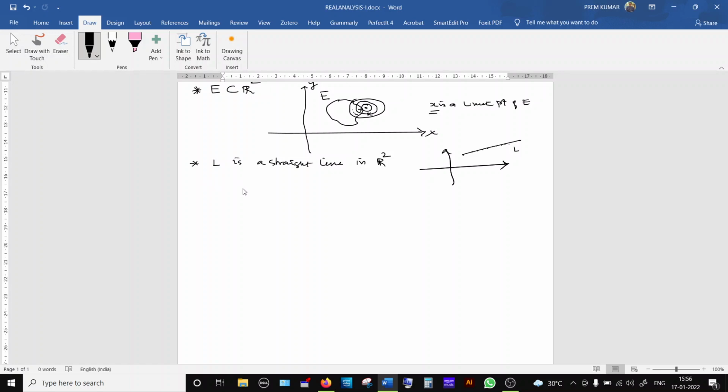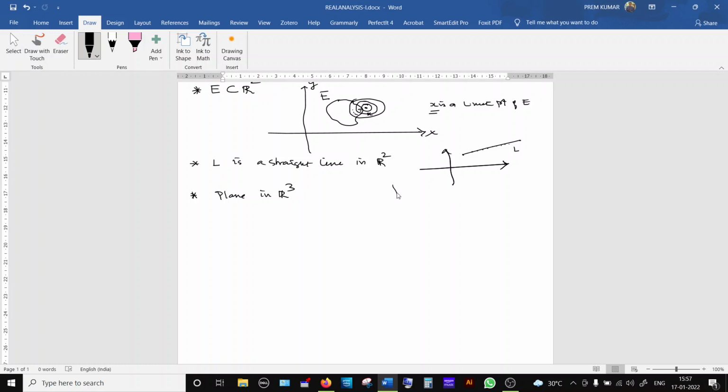Similarly, in 3 dimensions, R cube, L is a straight line in R square, and a plane you can consider in R cube. Consider a plane which is a subset of R cube.